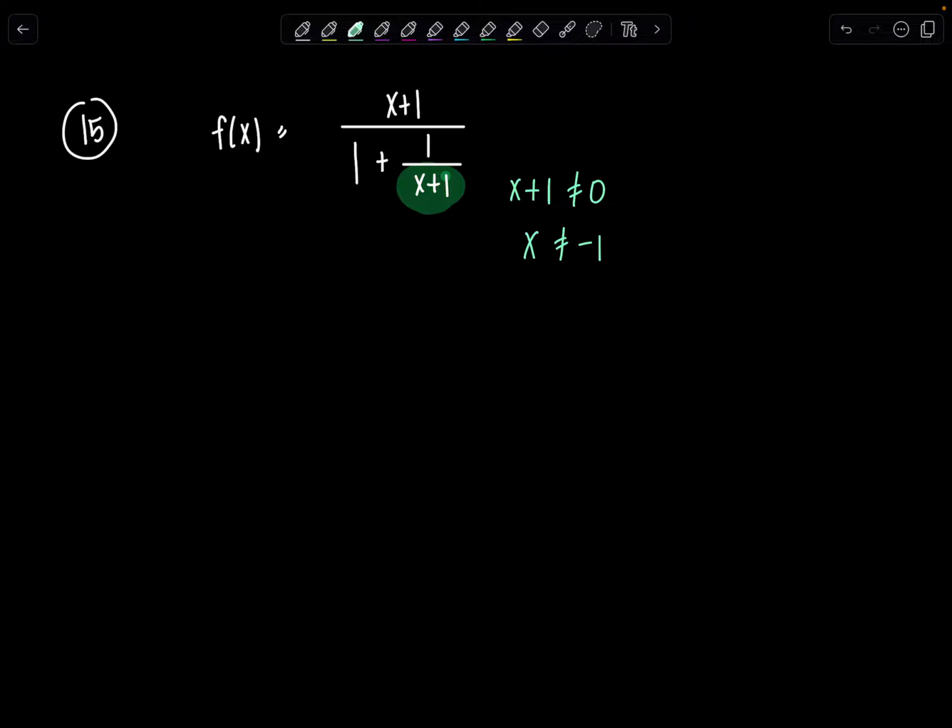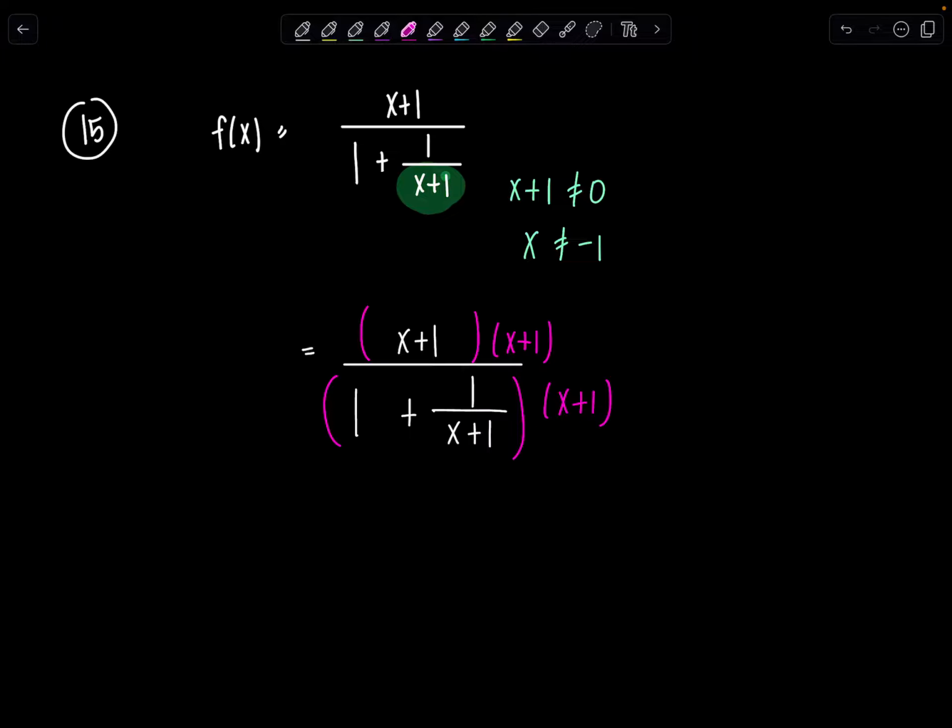Now, I already did a video going over how to simplify complex expressions. I'm going to go with method 1 and multiply everything by the LCD of all the minor denominators, which is x plus 1. So in the numerator, I'm not going to FOIL it out. We don't need to. We'll just have x plus 1 quantity squared.